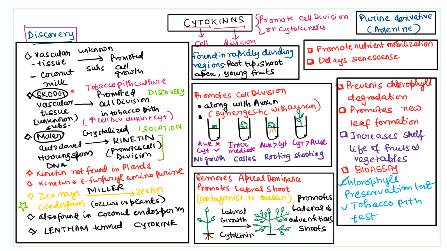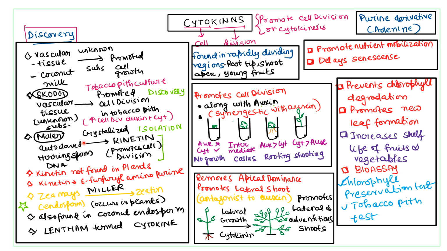Later on, Skoog repeated that experiment in the vascular tissue of tobacco, also known as tobacco pith culture, and showed that cytokinins promote cell division in tobacco pith.